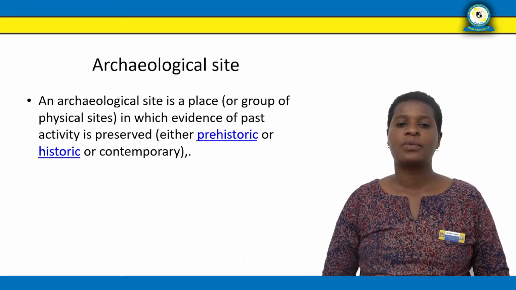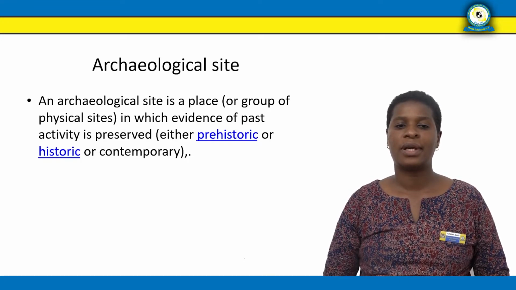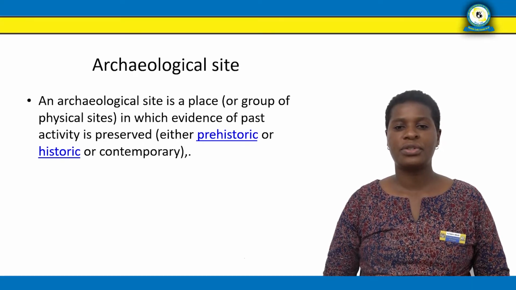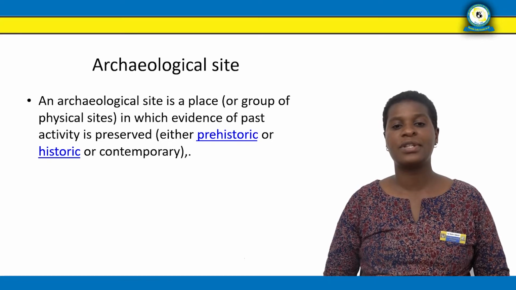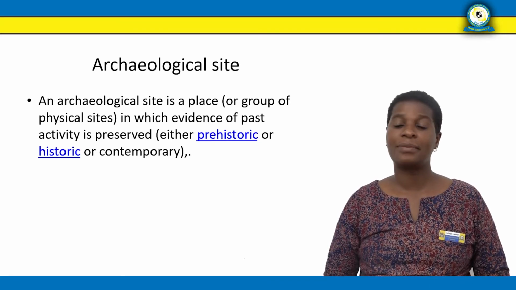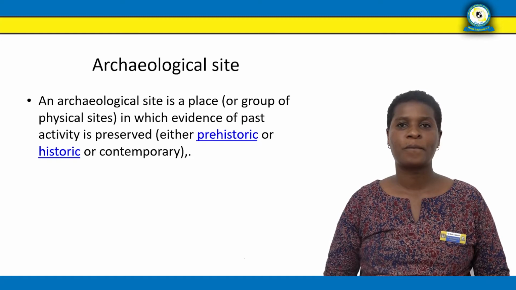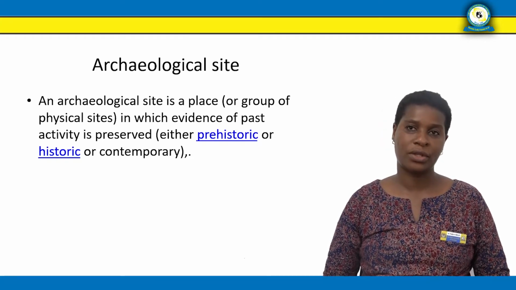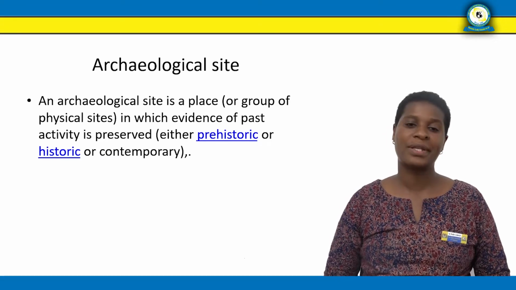Archaeological site. What is an archaeological site? An archaeological site is a place or a group in which the evidence of past activities is preserved. So when we say it is a place, it can be a group of physical sites. It can have a number of archaeological materials which makes a site.